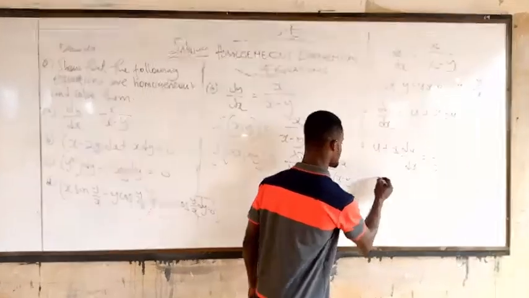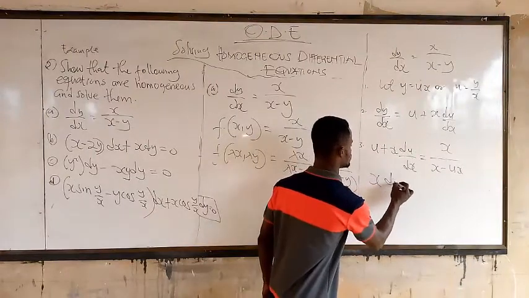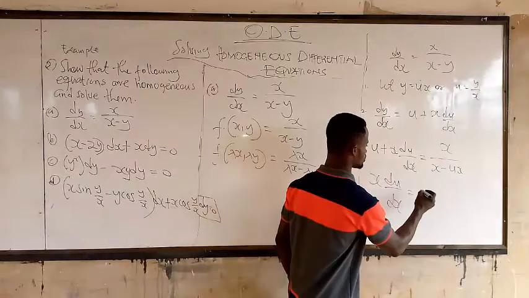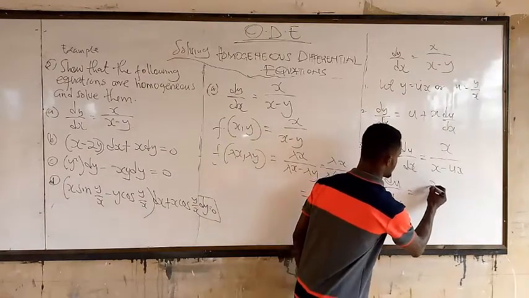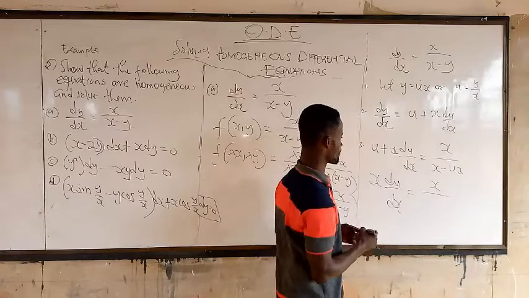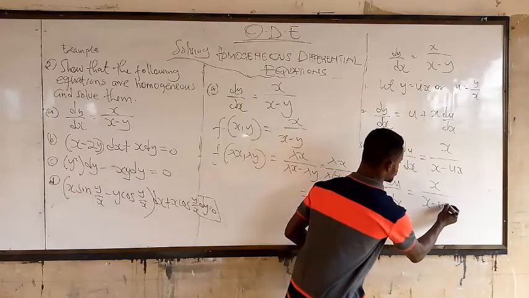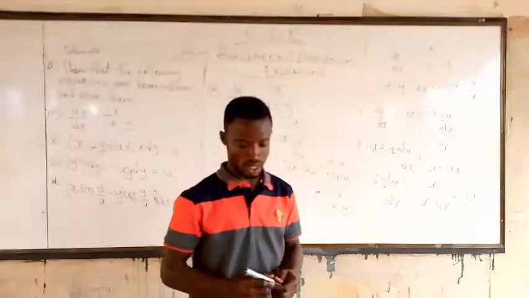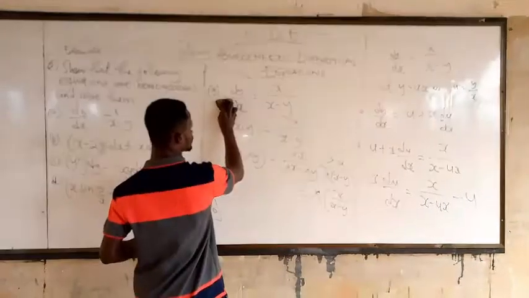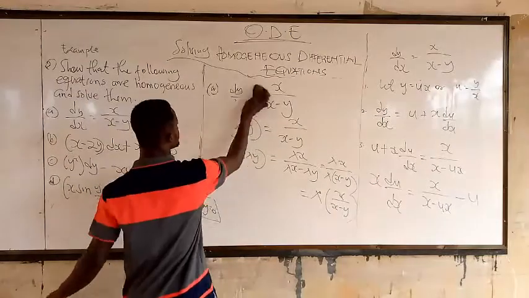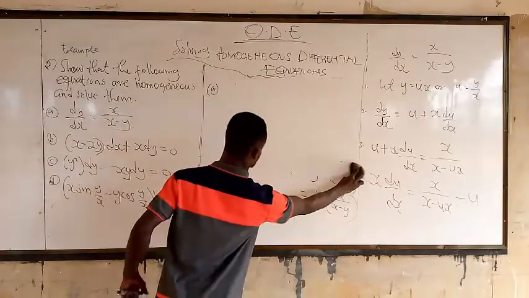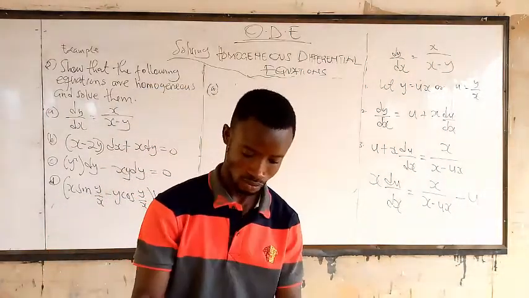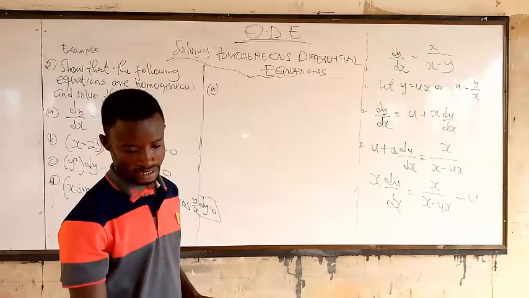So here we get x du/dx equal to, let it go to this side, x over x minus ux, minus u when this moves to the other side. Okay, so you know what's happening here. Alright, let's move on.